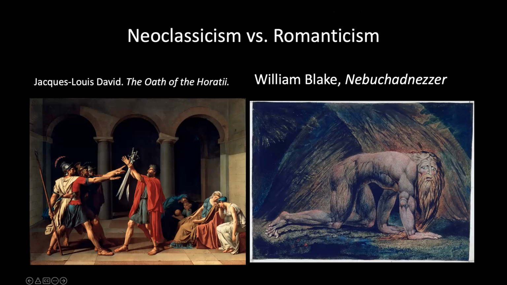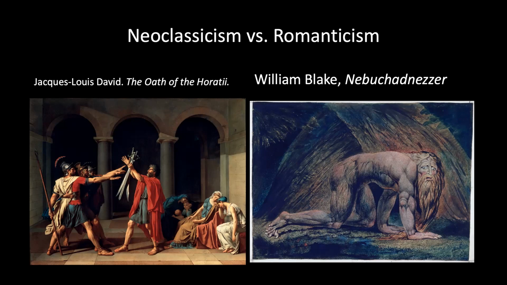And then Romanticism is the style that followed it, beginning in the end of the 18th century. And we'll see it continuing through the 19th century. So what I would do is pause the video and maybe make a list of things that are different or the same in each picture. So pause the video and you can get an idea of it.